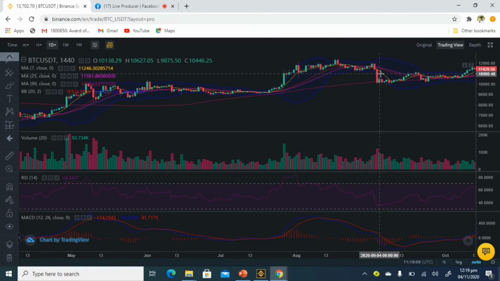You find the average and you get the middle band. So that's what the Bollinger Band shows you. It gives you an idea of a resistance point and a support point, and also gives you an idea of the volatility of an asset. I think that is clear.